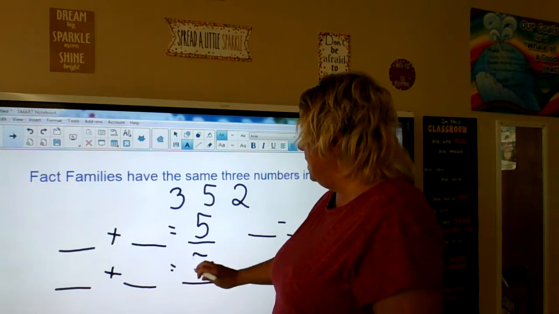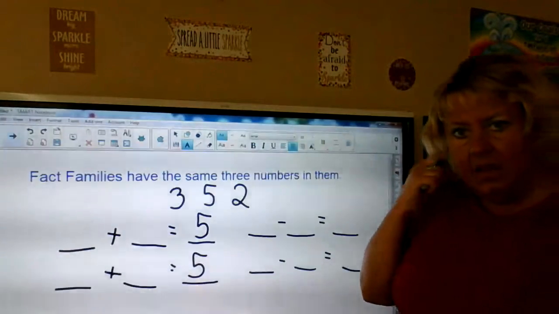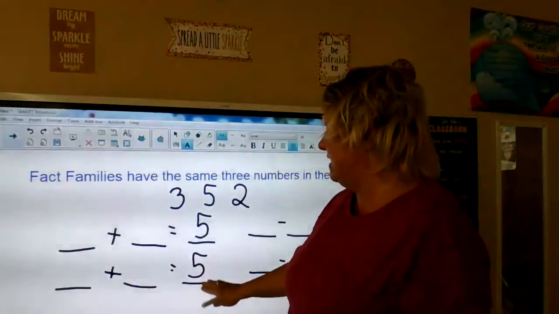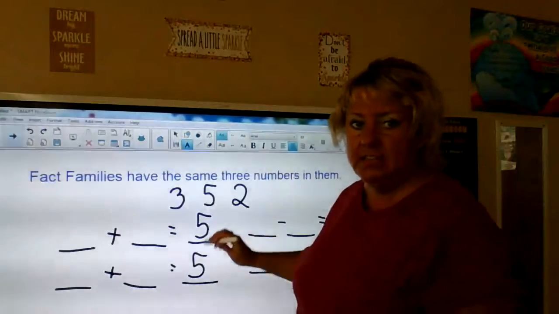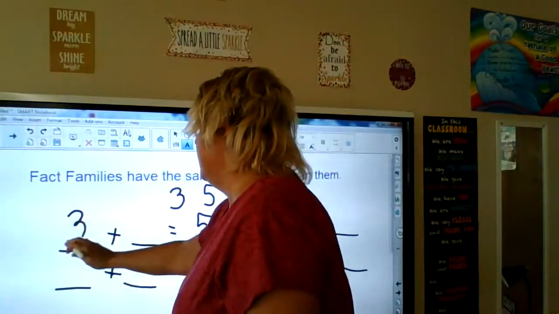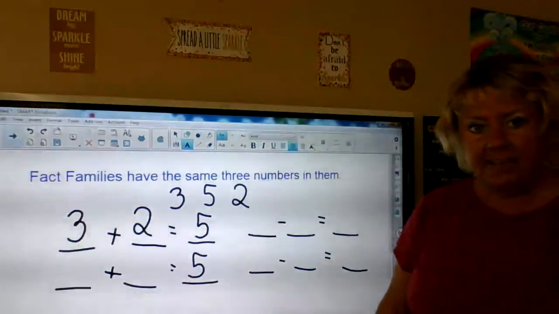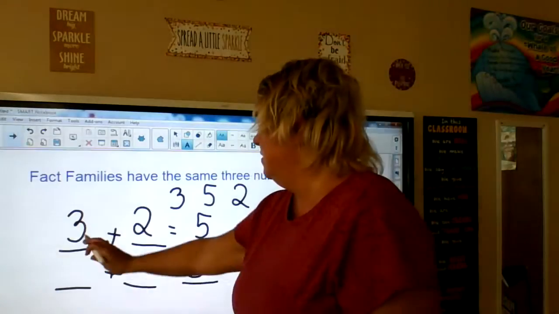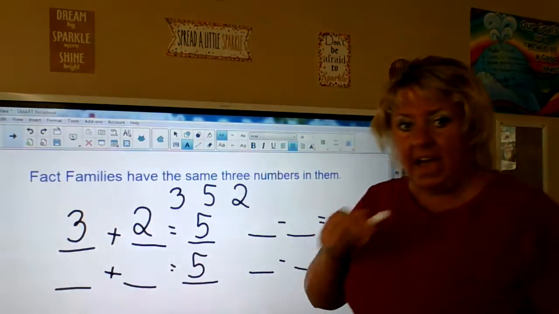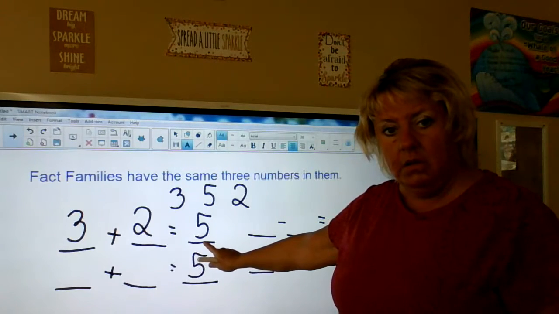So my 2 addition problems are going to end with 5. That's my whole or my sum. The other 2 numbers I can use are 3 and 2. 3 plus 2 equals 5. Yep, that's true. These are my parts, and this is my whole.